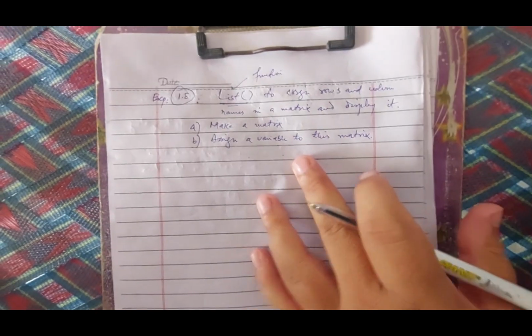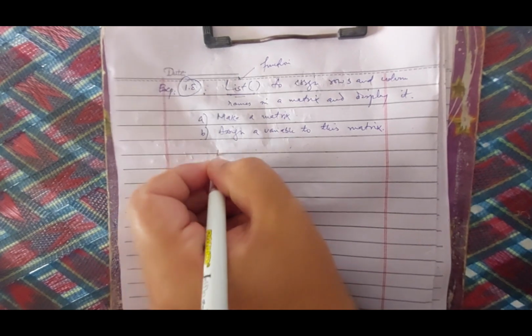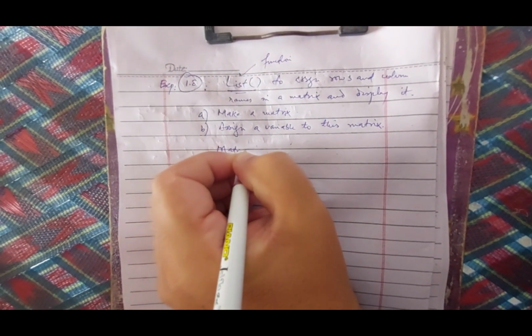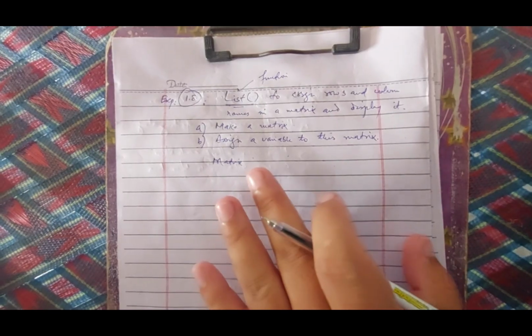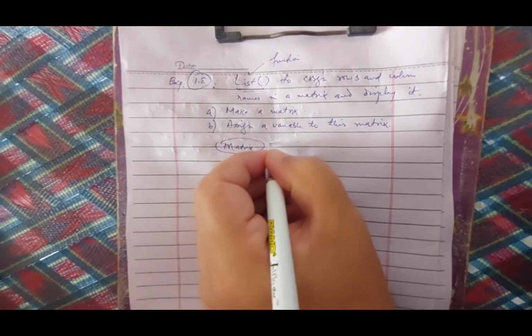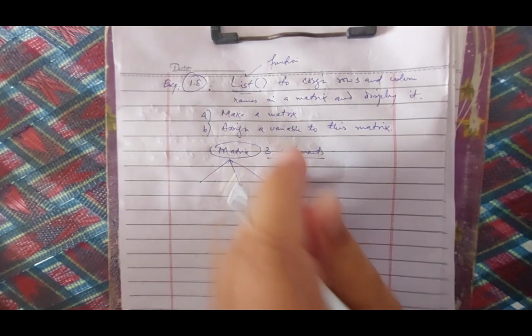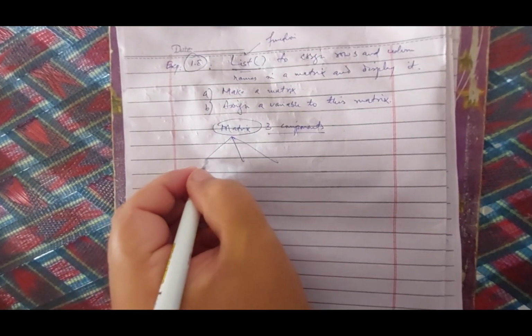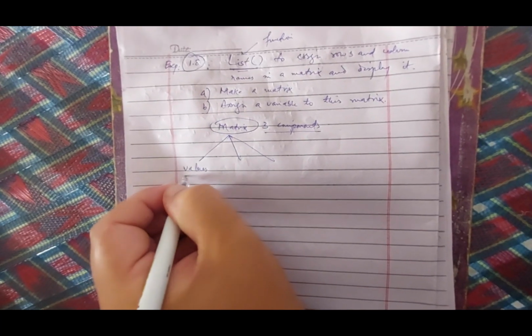Okay, now in making a matrix, a matrix has 3 components in measure. What are these 3 components? The very first thing is the values or elements.